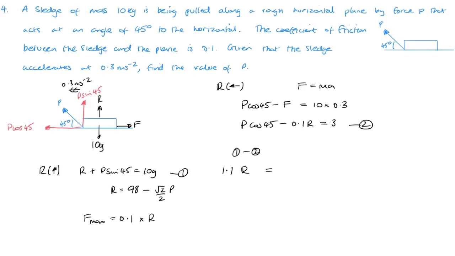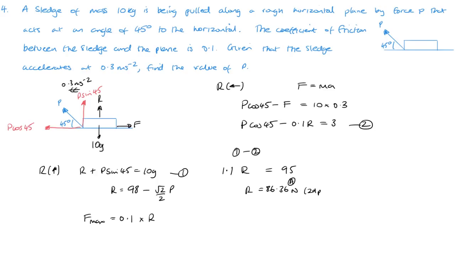And then 10g, which is 98, minus 3 is going to be 95. Divide by 1.1, and R is 86.36 newtons to two decimal places.